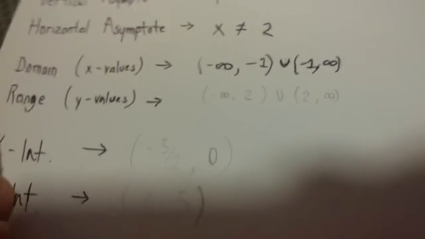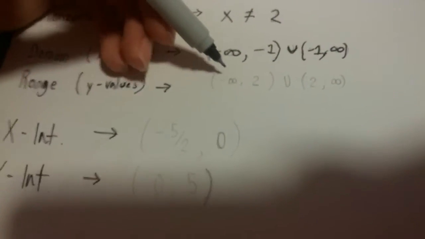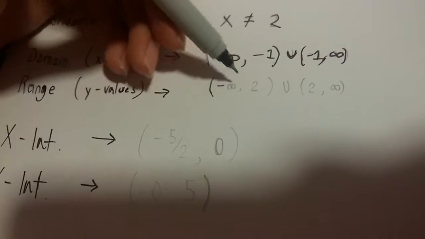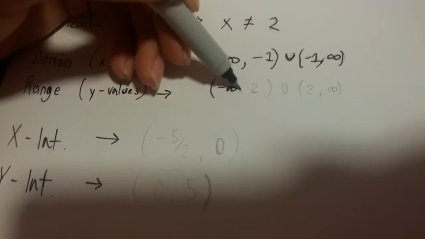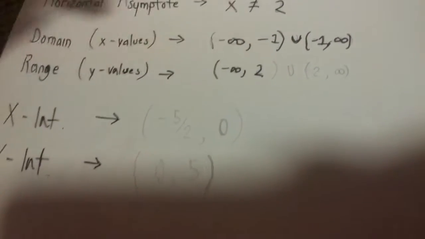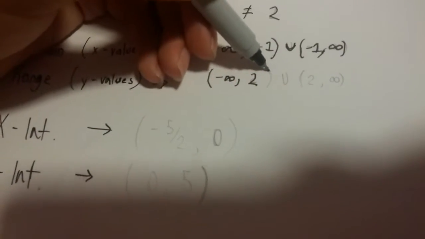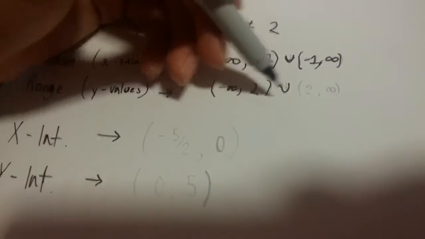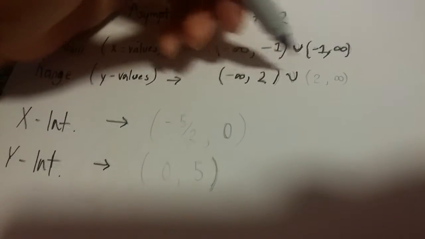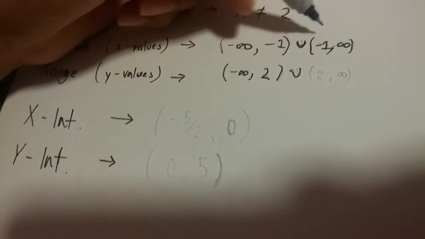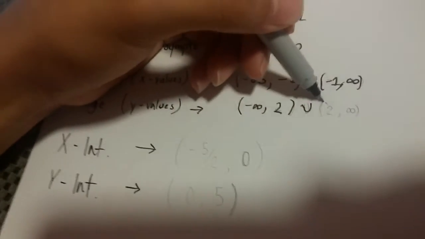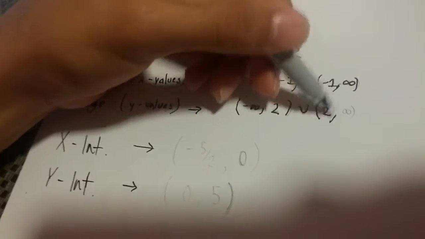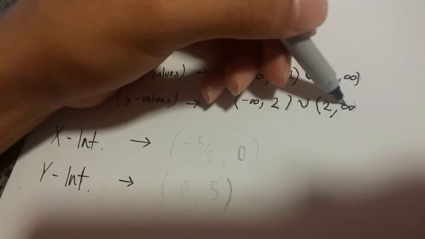Same with the range. The only difference is negative infinity to 2, and we do the same thing as we did for this one, just switched.